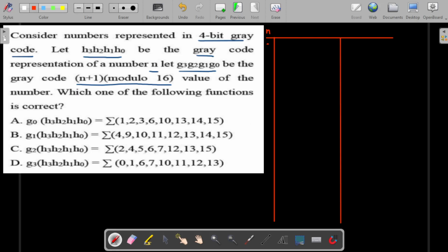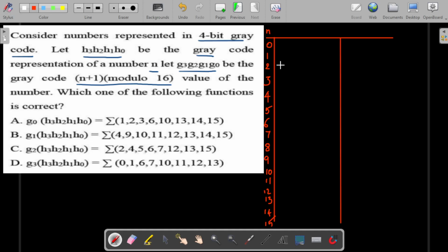Let me write 0 1 2 3 4 5 6 7 8 9 10 11 12 13 14 and 15.